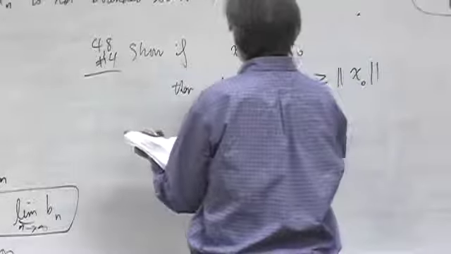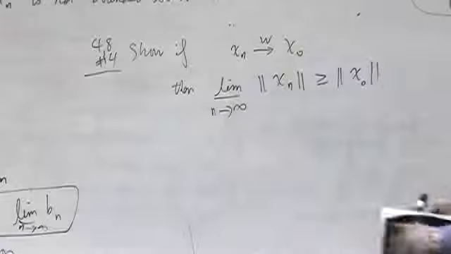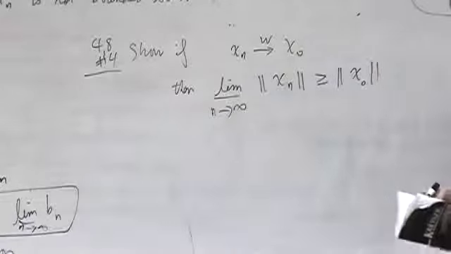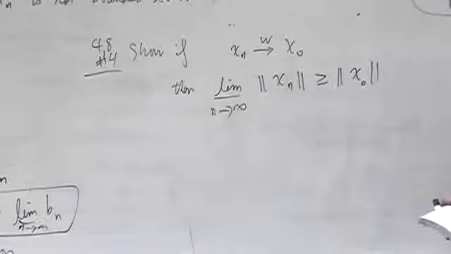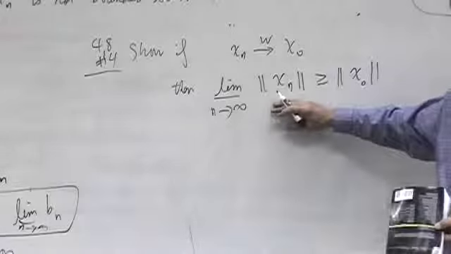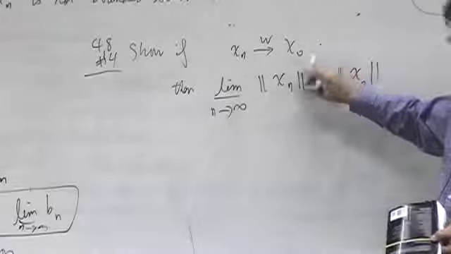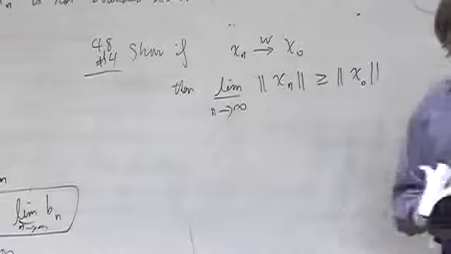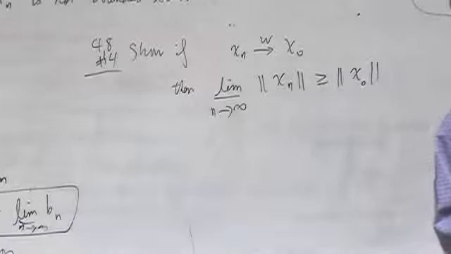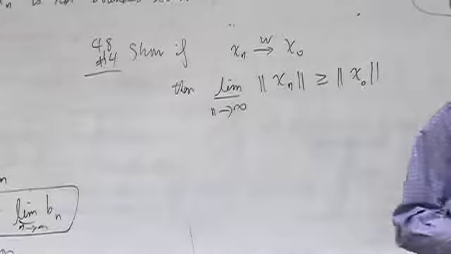Notice that that's trivial when x naught is equal to 0, because you have a non-negative sequence in that case. And if x naught is not equal to 0, it says what theorem to use. So you shouldn't have too much trouble.